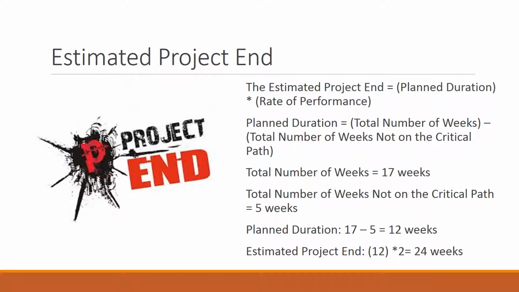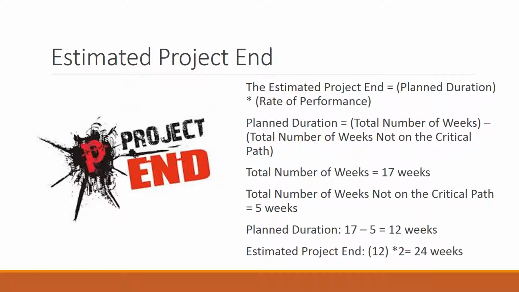Our next calculation will be the estimated project end. This will be calculated by multiplying the planned duration and the rate of performance. Planned duration is equal to the total number of weeks added up minus the total number of weeks not on the critical path. Activities 3 and 7 are not on the critical path. There are a total of 17 weeks in this project, and the total number of weeks not on the critical path is equal to 5 weeks.